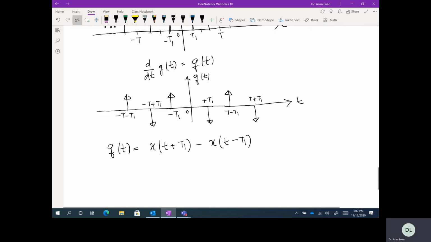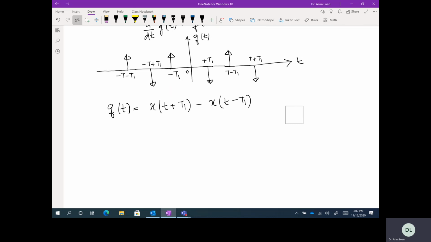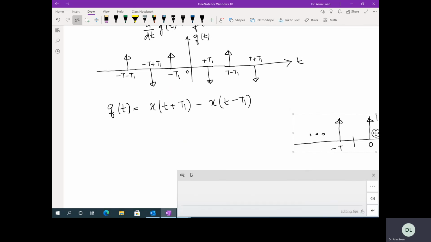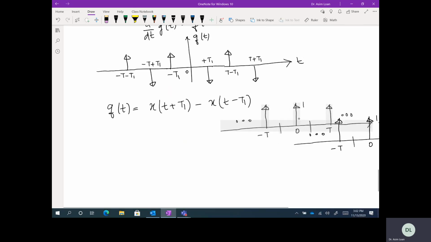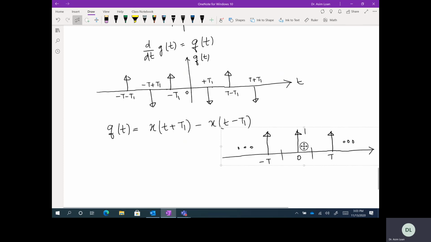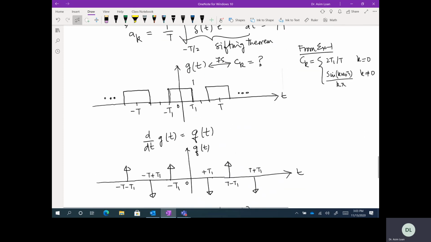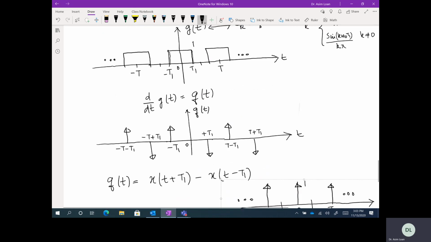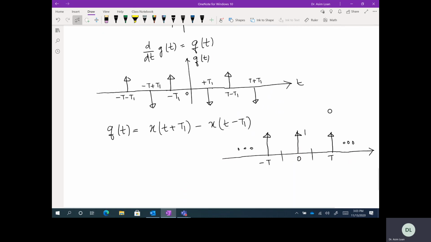Copy, and then let me paste it here. So if you look at this figure, and compare this one with q of t.